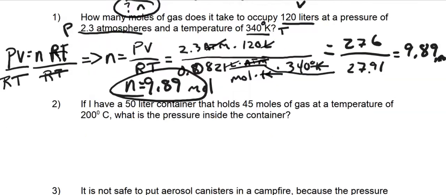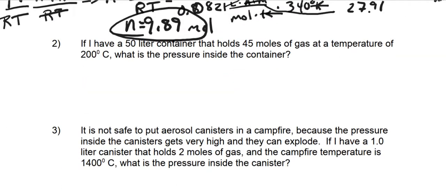On problem 2, I do want to remind you that this 200 degrees Celsius has to be converted to Kelvin. So Kelvin would be Celsius plus 273.15. I'd be perfectly fine if you just did 273.